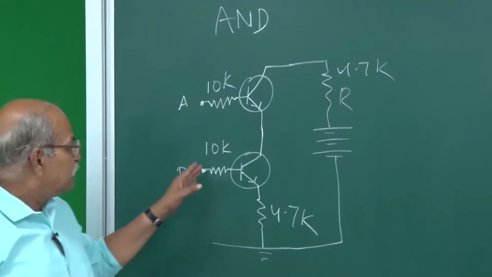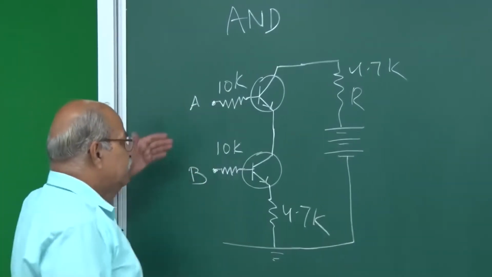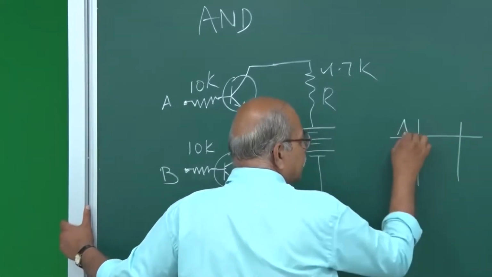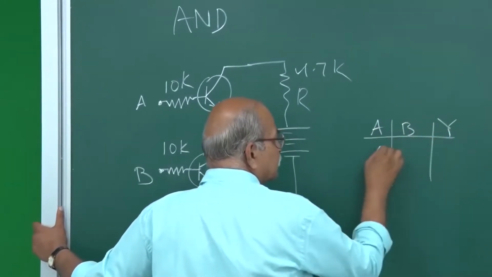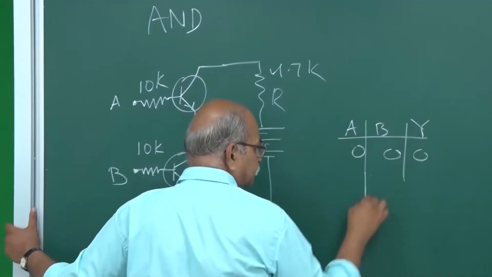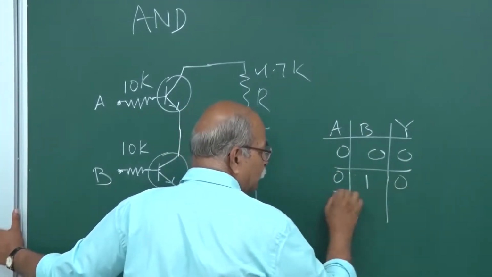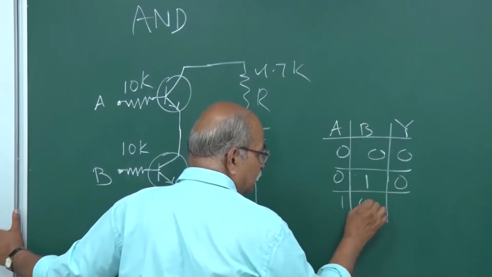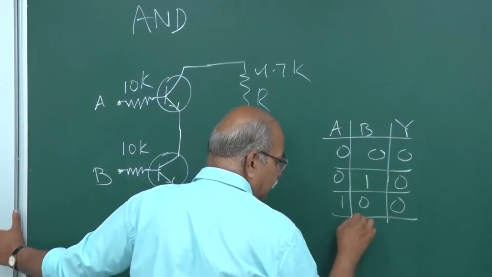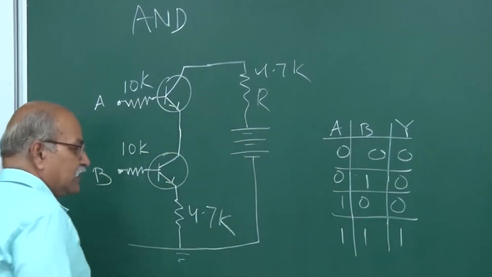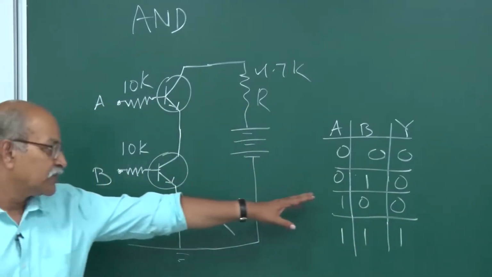So, what happens if these A and B, which are the input points? Remember, for the AND gate, the truth table is 0 0 0, and then 0 1 is also 0, 1 0 is also 0, and only if both the inputs are high the output is high, that is the truth table.